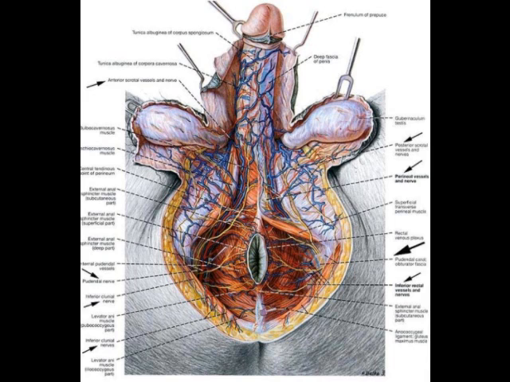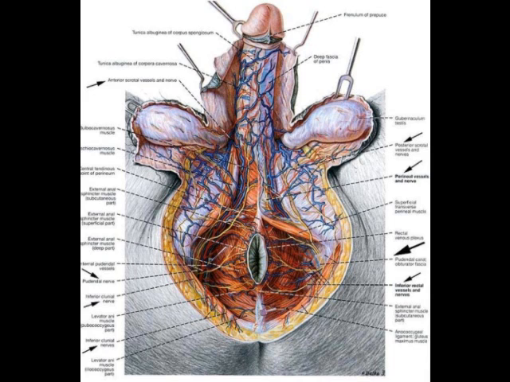That is the area where all the different things come together and connect, which includes your superficial transverse perineal muscle, your bulbospongiosus muscle, and other muscular parts that come together to form the central tendinous point of the perineum.